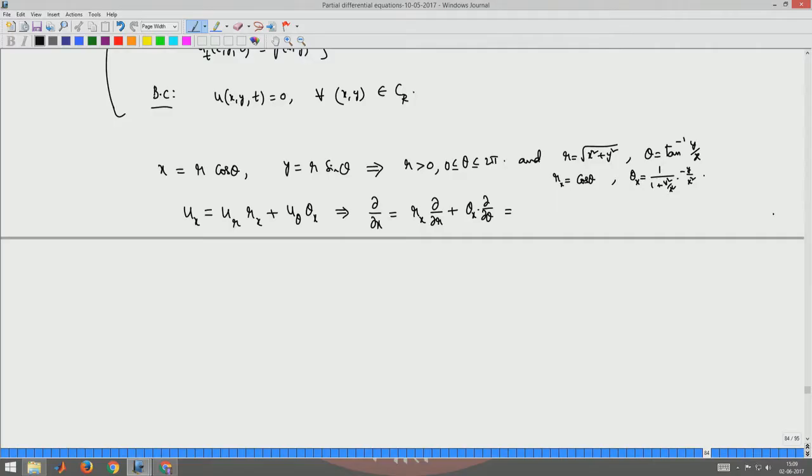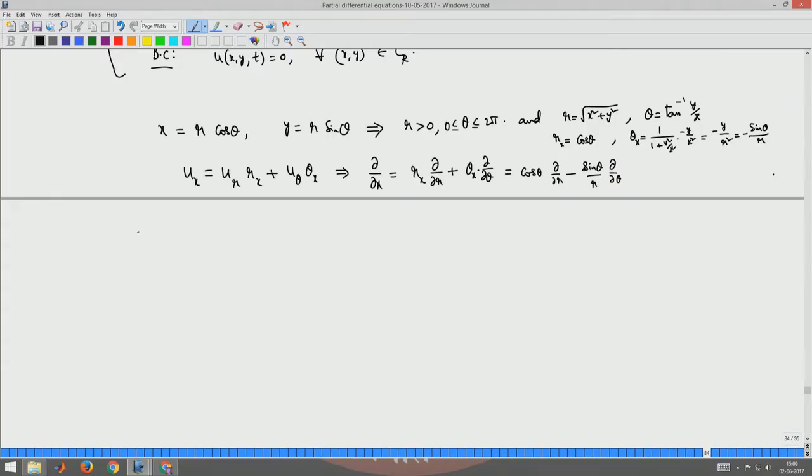So this x square goes, and you have minus y by r square. Since y is r sin theta, you have minus sin theta by r. So you can write this as cos theta dou r minus sin theta by r dou theta. That is your dou x.